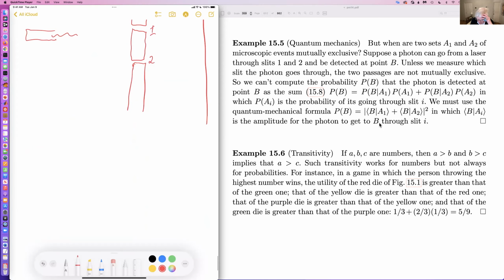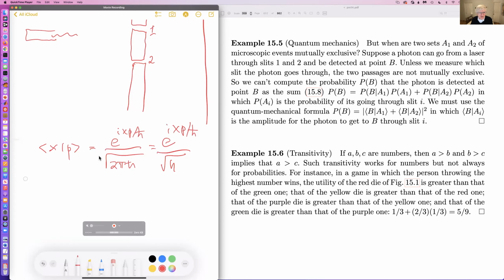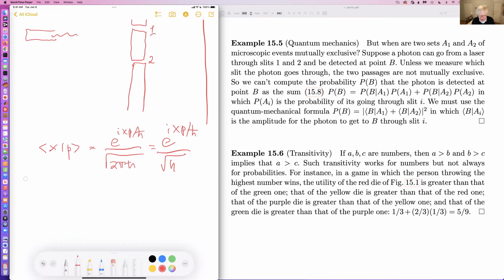mathematical thing, which is essentially that the inner product of eigenstates of x and p is e to the i xp over h bar divided by the square root of 2 pi h bar. I could have just written that as e to the i xp over h bar divided by the square root of just Planck's constant. And when I wrote that down, what I'm thinking of is that momentum generates translations, which is why this result holds.